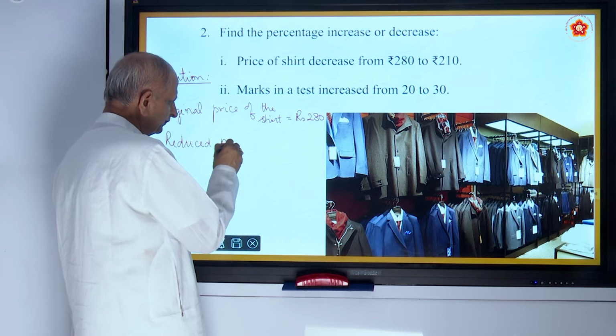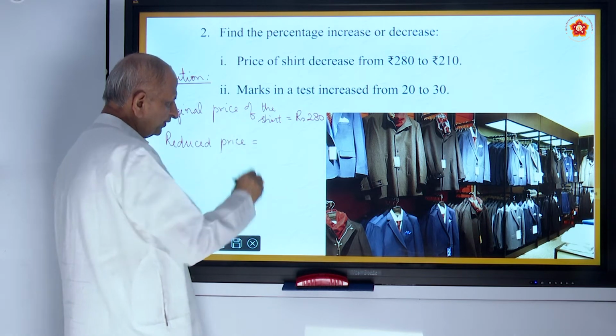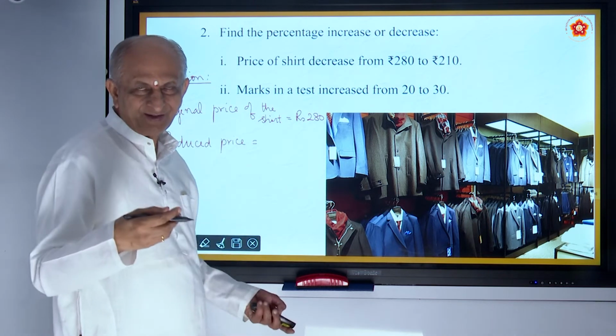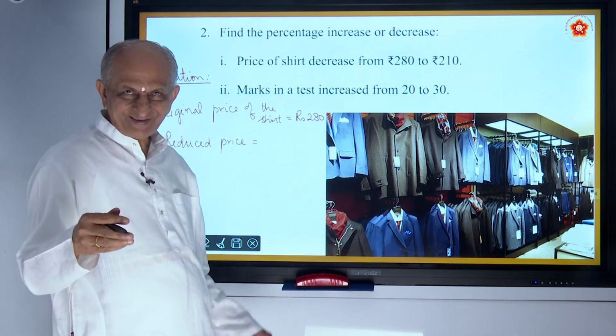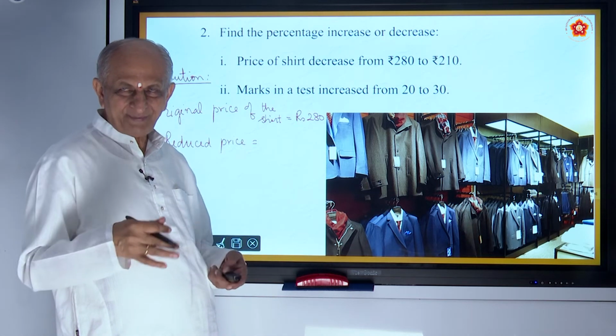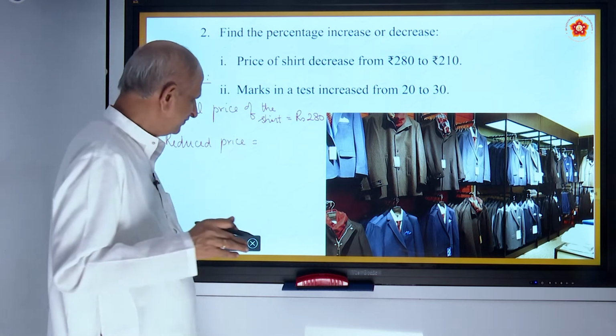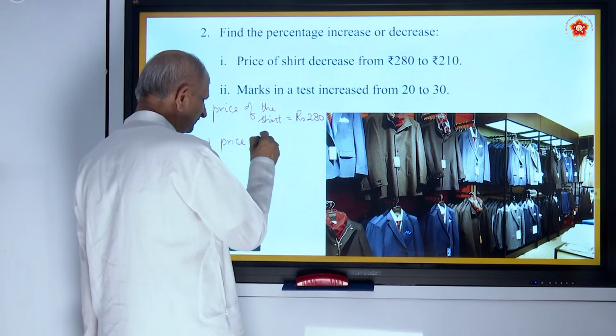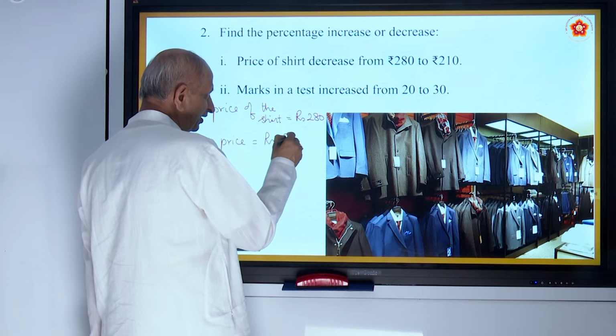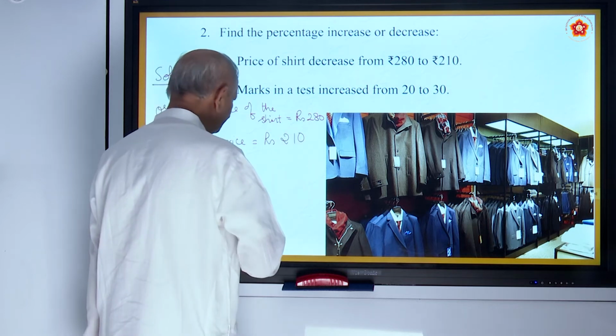Why do they reduce? There are two reasons. One, to attract more customers, or to empty down all the stock. Old stock will be there, and they want to reduce or clear that old stock.